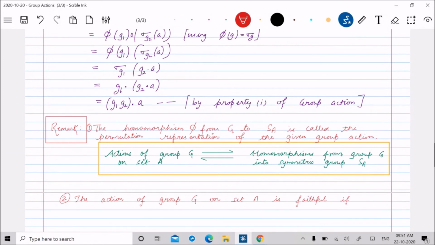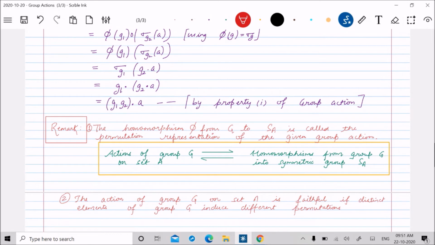if distinct elements of group G induce different permutations, or you can call them homomorphisms also, no problem, because every permutation is a homomorphism in this scenario only.